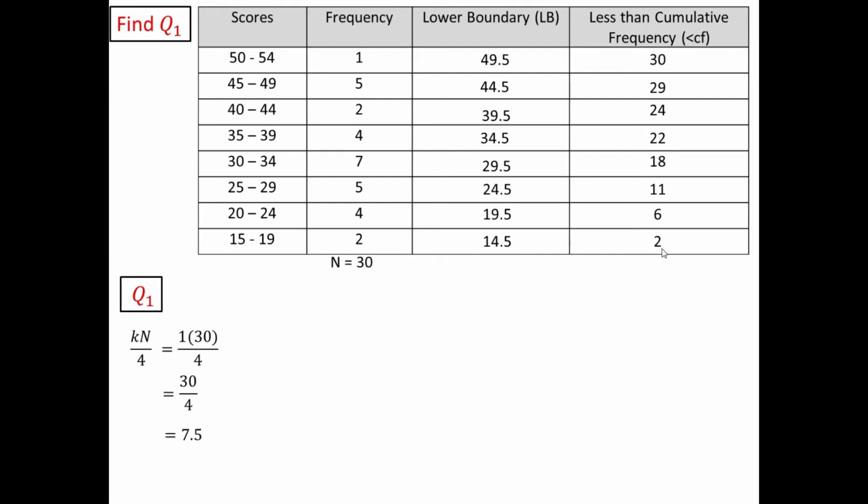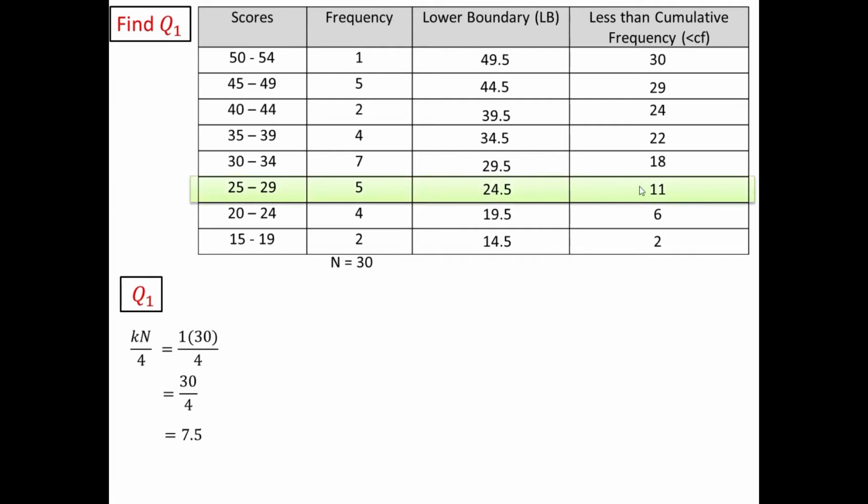Dapat kasi closest na mas mataas o equal kay 7.5. So kapos si 2. Next, si 6 naman. Si 6 less than pa rin siya kay 7.5. So kapos pa rin. Pagdating natin dito sa part na to, so 11 na. Si 11 pasok siya doon sa condition na pinakamalapit at saka greater than or equal to.